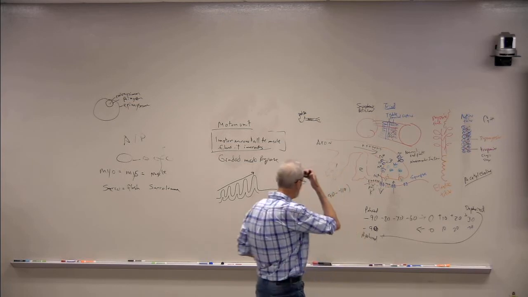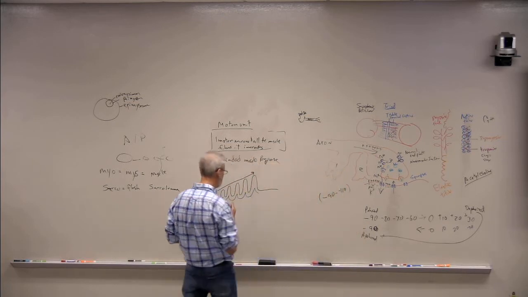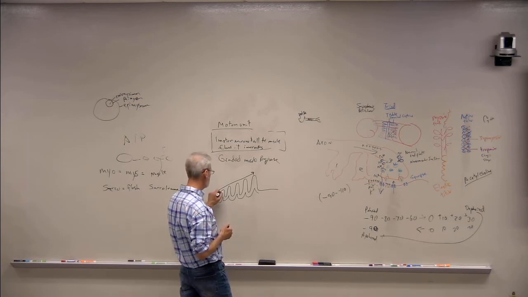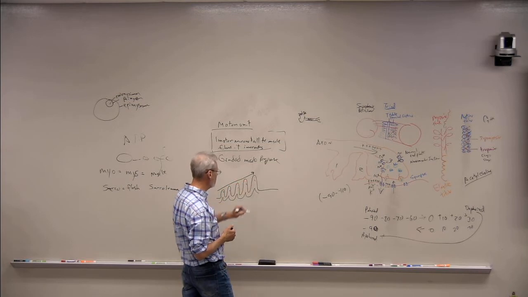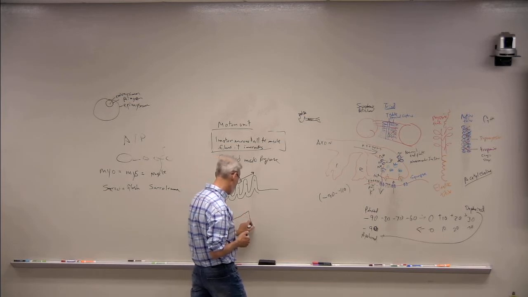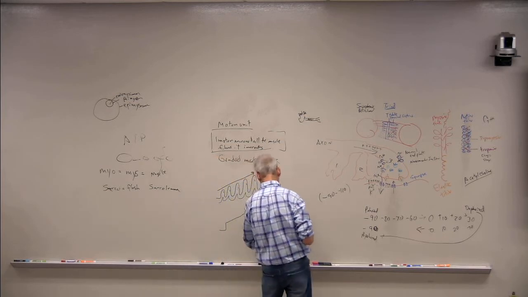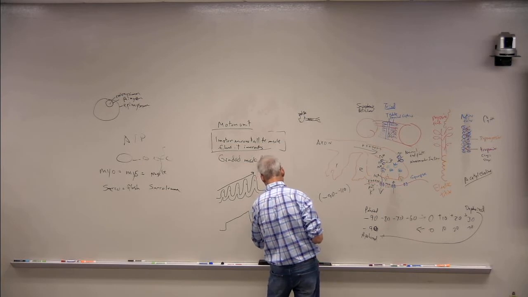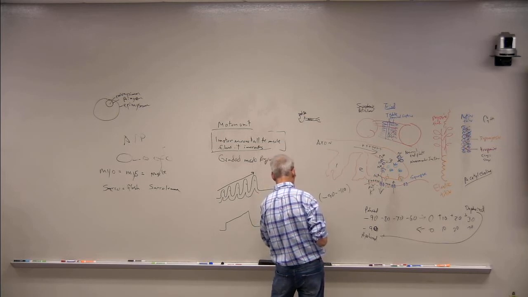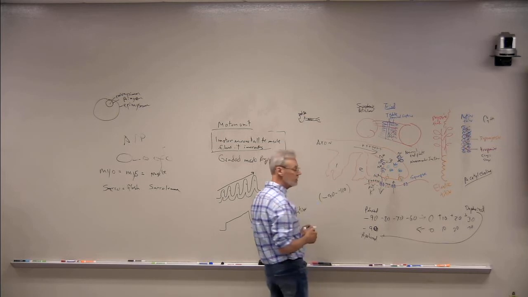So what can happen though, too, is the muscle can be stimulated over and over and over again. But if you stimulate it too much, what will happen is you will get this. And that is called tetany, or a fused muscle contraction.